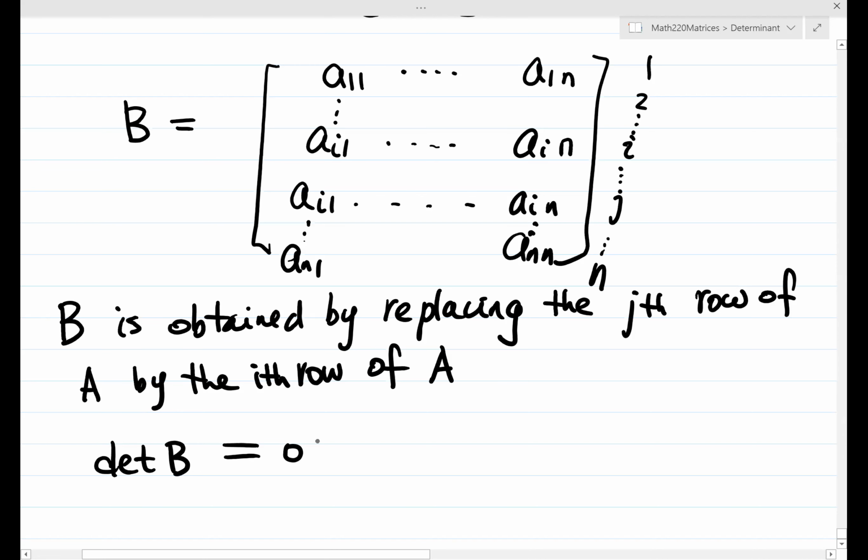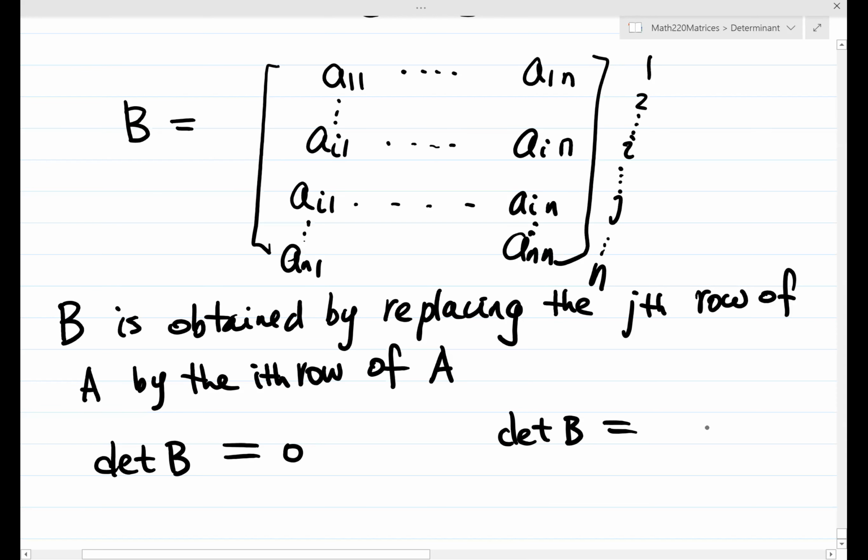Another reason is, remember when we switch two rows of a matrix, the determinant differs by a sign, negative 1. So you see the determinant of B: if you switch the ith and jth rows of B, it does not change. The determinant of B does not change.